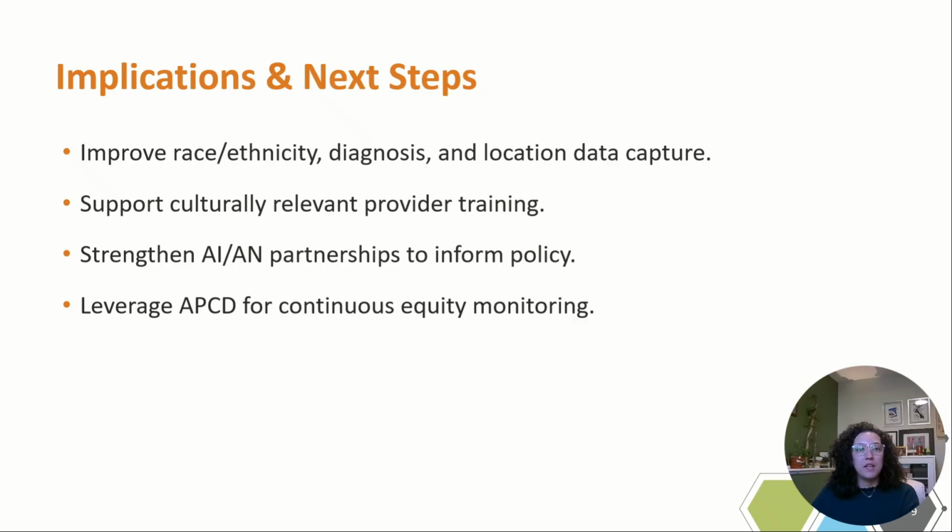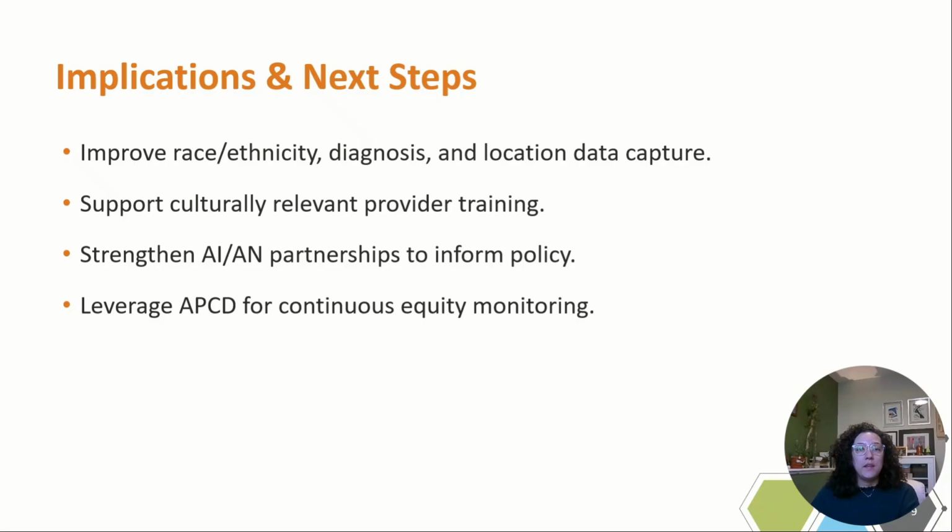So, some implications and next steps. First, we have to keep improving how race and ethnicity are collected in administrative data. That is foundational. Second, we need to help providers and systems understand the importance of culturally grounded care, not just more care.